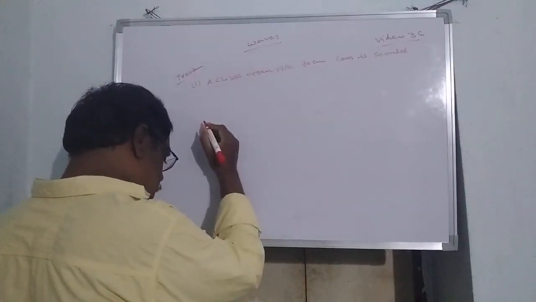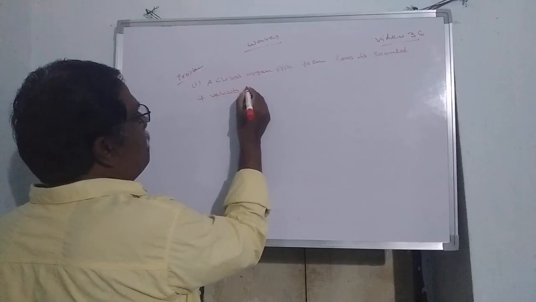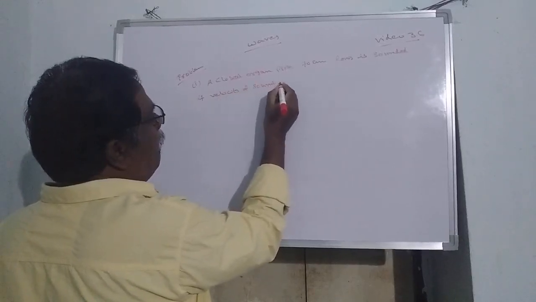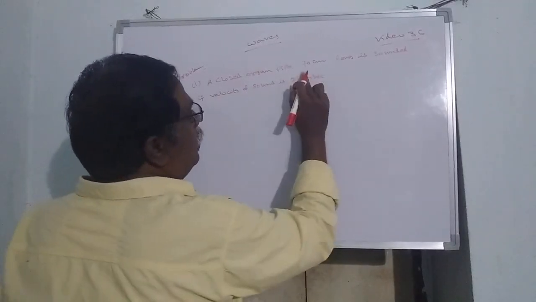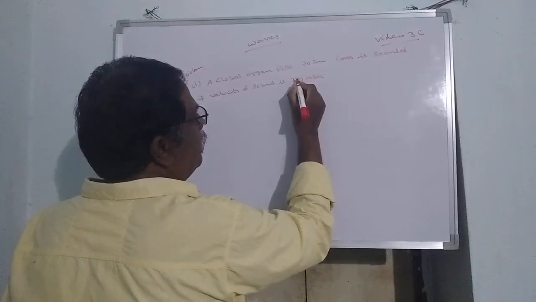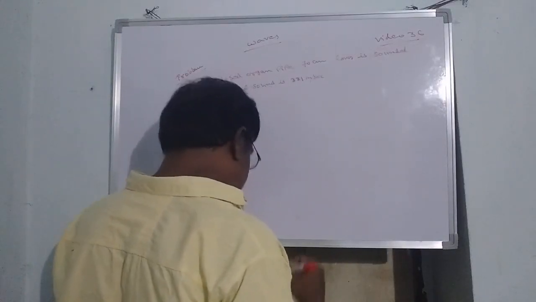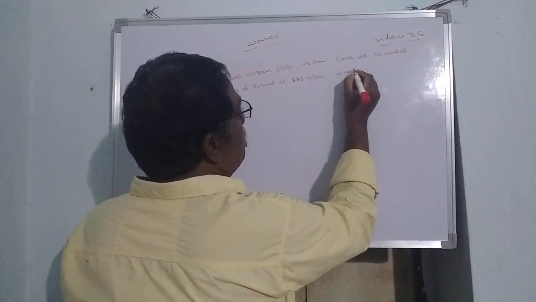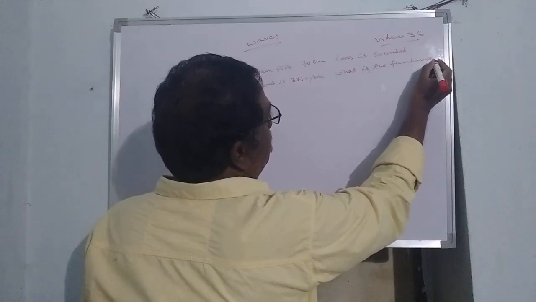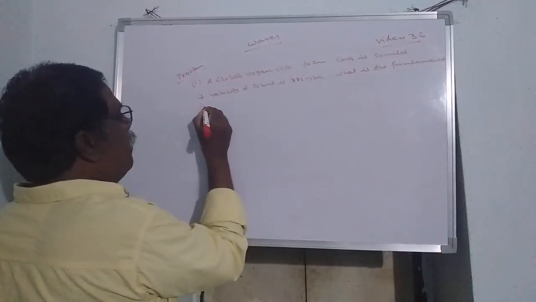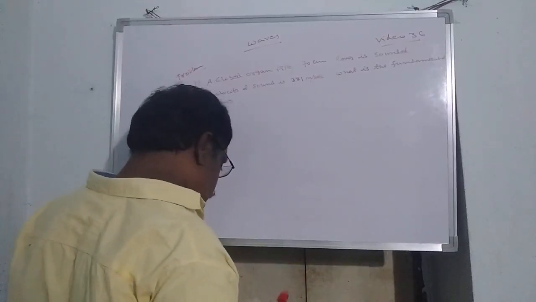If the velocity of sound is 331 meter per second, what is the fundamental frequency of vibration of the air column?